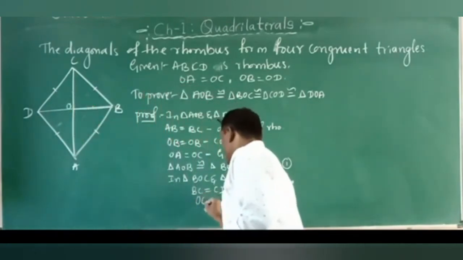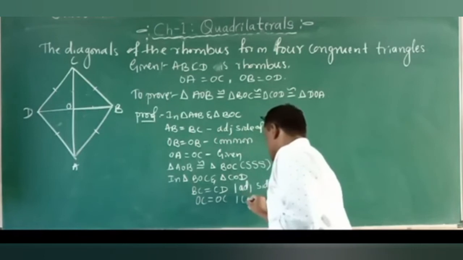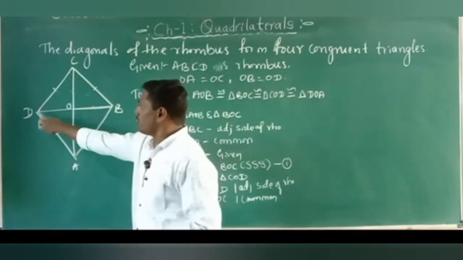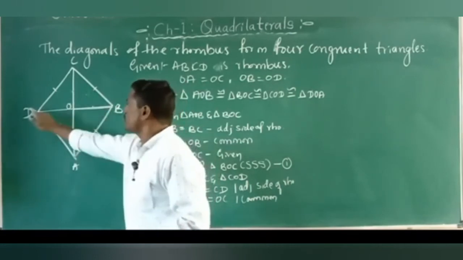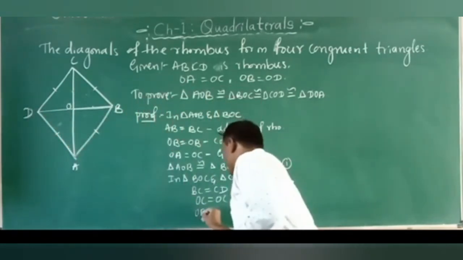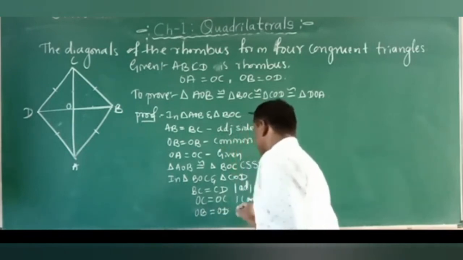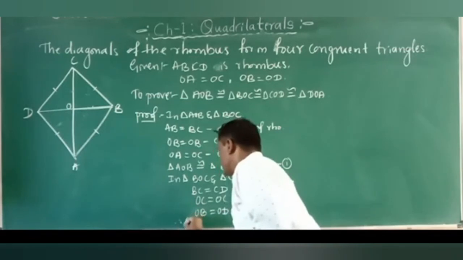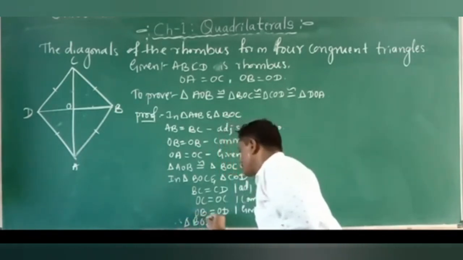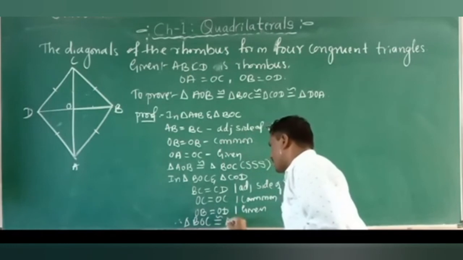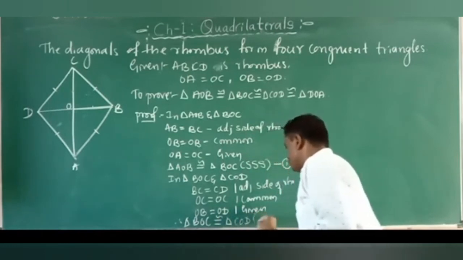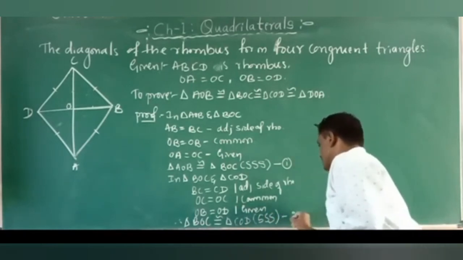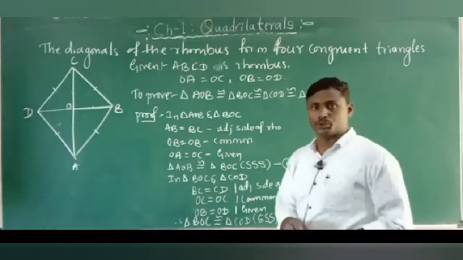So OC is equal to OC, that is common. Next one, the diagonals bisect, meaning OB is equal to OD. Given. Therefore, triangle BOC is congruent to triangle COD by using the same criteria SSS. Consider this equation as 2.